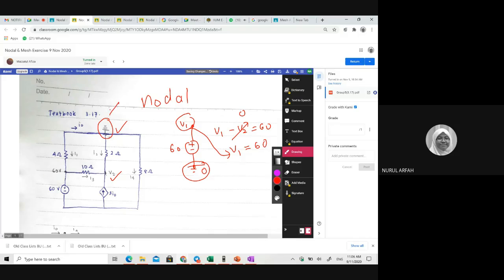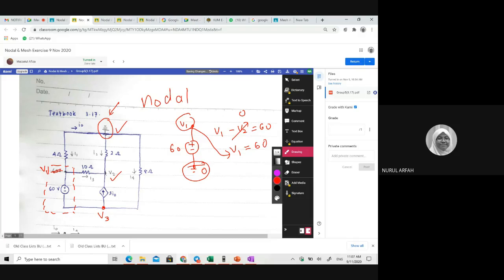When you put the reference point on top here, what do you create now? This is no longer 60 volt, and I put V1 here. And this part I will just put maybe V3. So what do you think? What did you create now? Supernode. Yes, a supernode. Then you can draw the supernode border.